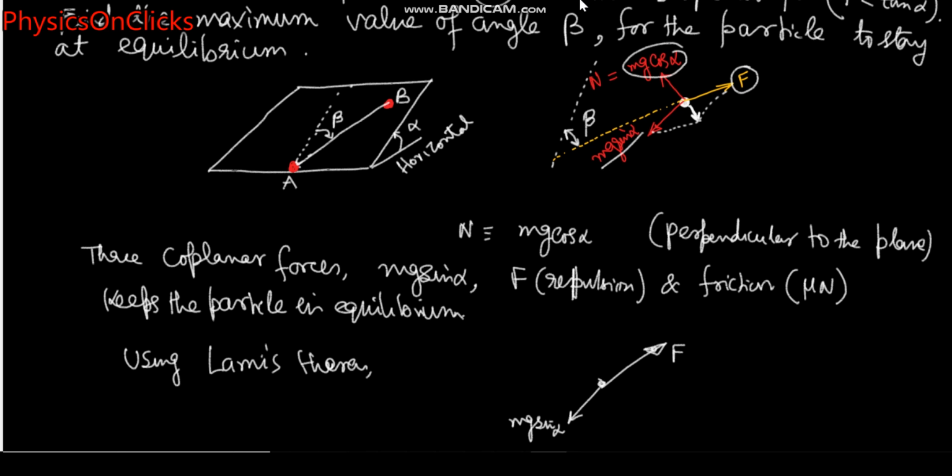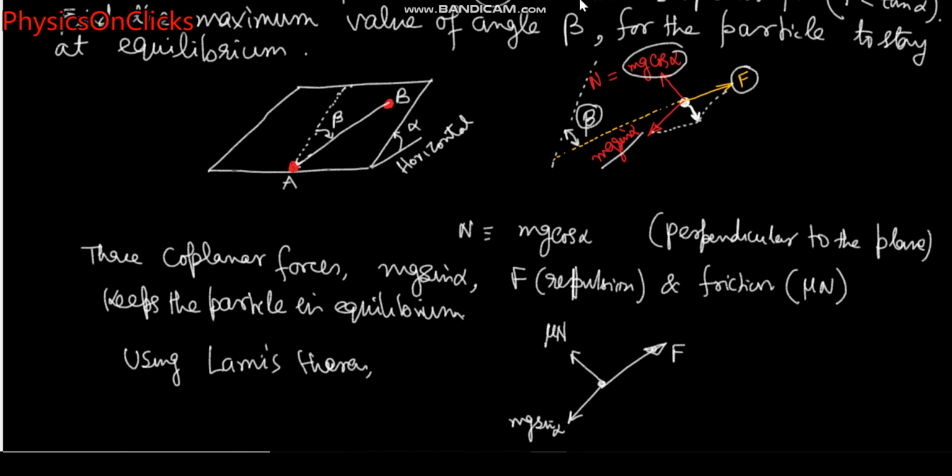And the third one is the force of friction, which is mu times the normal reaction. Now what are the values of these? This is beta, which they have given. And this mg sine alpha is parallel to the line along the inclined surface, so mg sine alpha makes angle beta with that particular line.